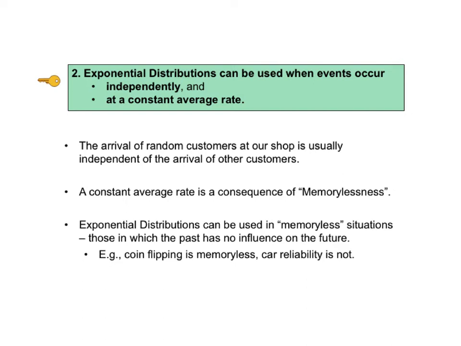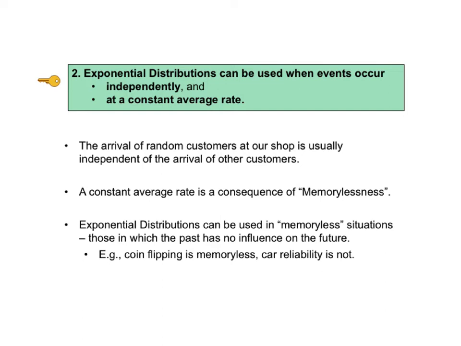With a constant rate, there would be exactly one customer in every 15-minute period. With a constant average rate, the length of the periods could vary, but on average, there would be one customer in 15 minutes. A constant average rate is a consequence of a property called memorylessness.